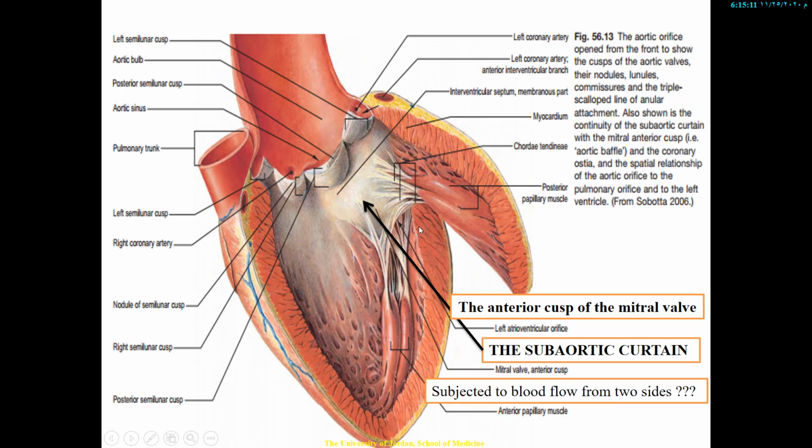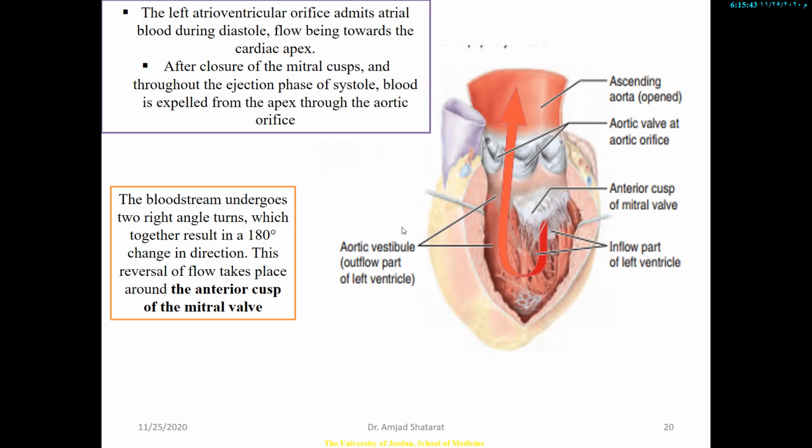If we go behind it, we would see the mitral valve, and here it is opened, we would see the aortic valve. So it is right in between these two currents, and we also explained in detail the direction of the blood flow in the left ventricle as it goes through 180 degrees, and this is exactly what I explained to you in the last lecture.